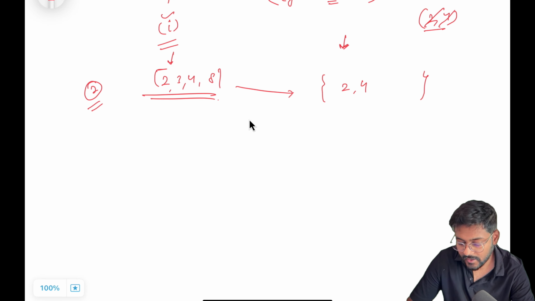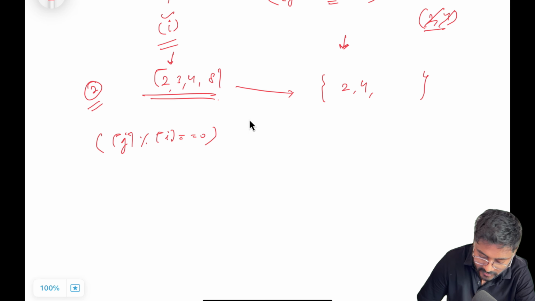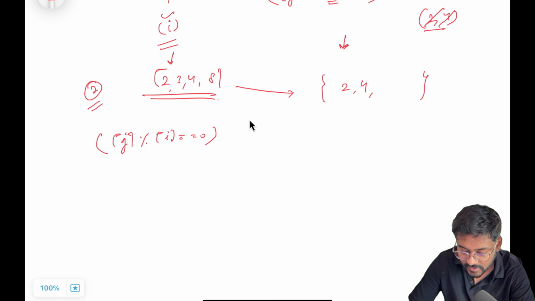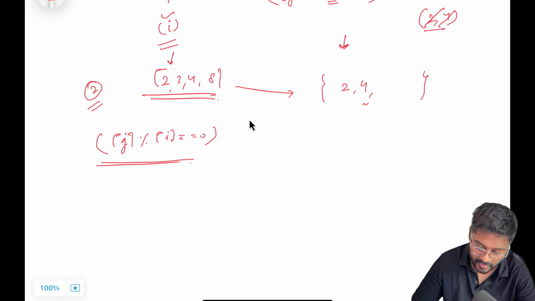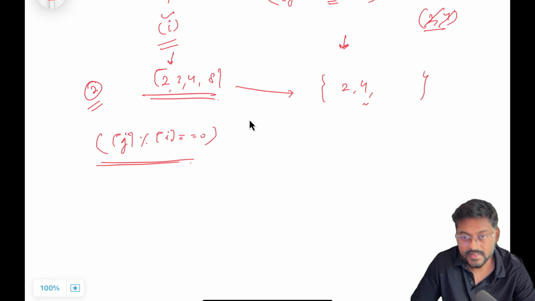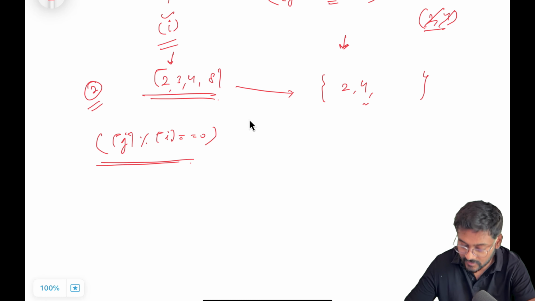4 I have taken. And what about the next element? Every single pair should follow the condition that the jth item is divisible by i completely. It means that if 4 is divisible by 2 and the next item is divisible by 4, then this condition is going to be satisfied. Transitive property: if A is dividing B and B is dividing C, then A is dividing C as well.